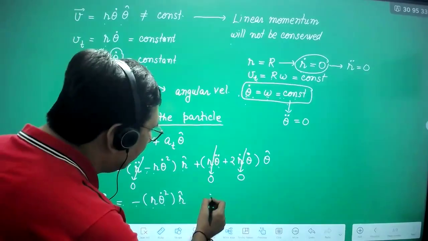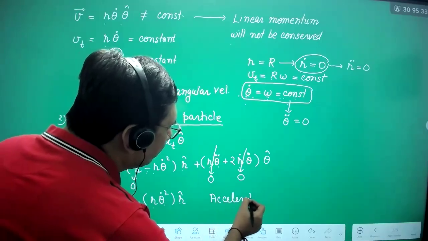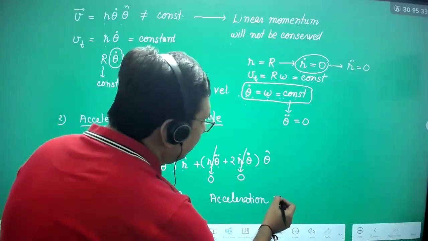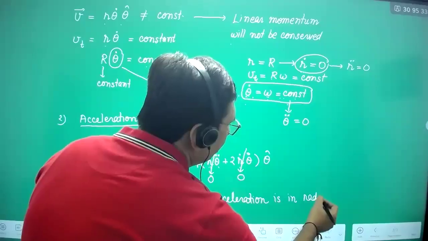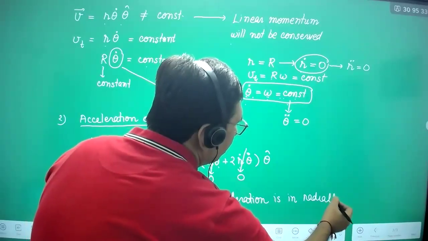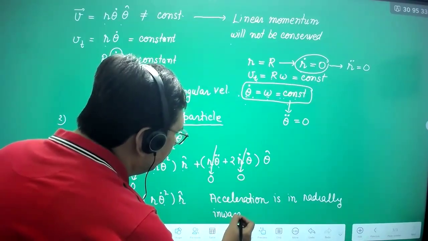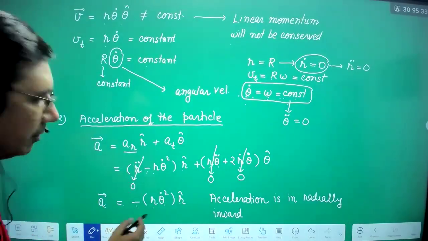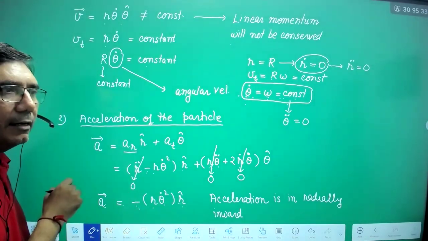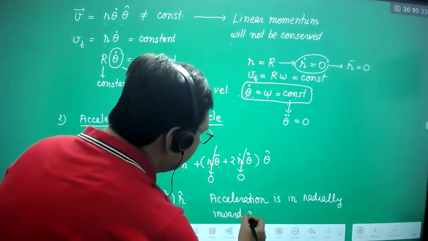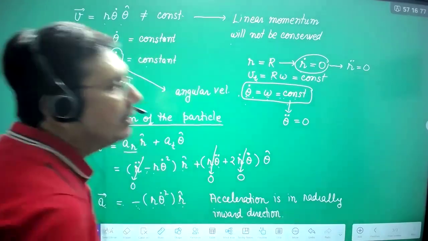So you can write here: acceleration is in the radially inward direction, because of the minus sign. So the direction is minus r cap, inward towards the center. And this acceleration is called centripetal acceleration.